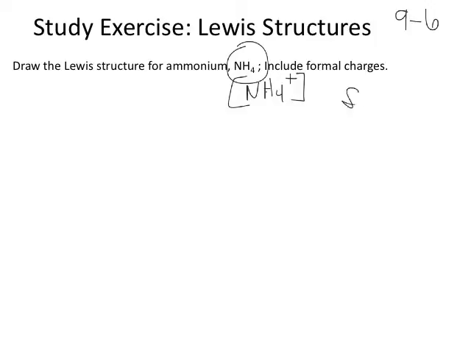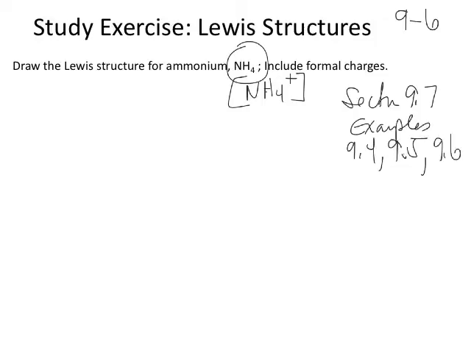You're going to follow section 9-7, examples 9-4, 9-5, and 9-6. We also are going to look at the formal charge, because we're going to do formal charge. That's on page 403.